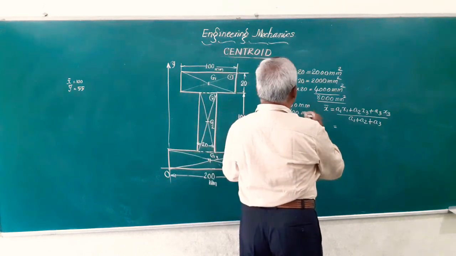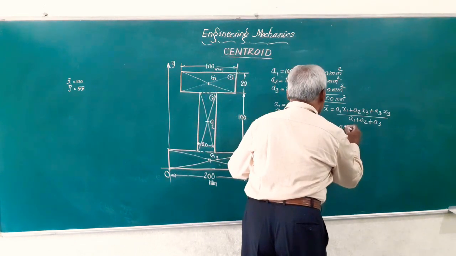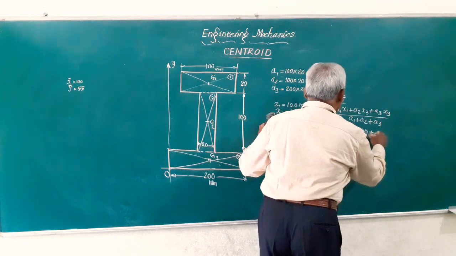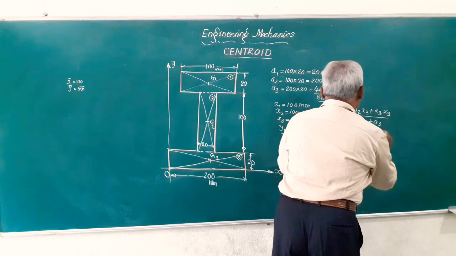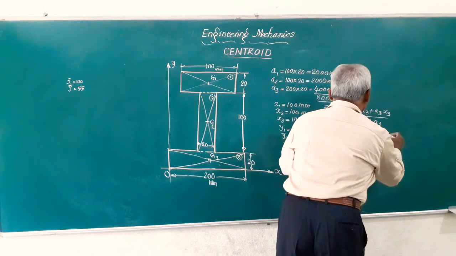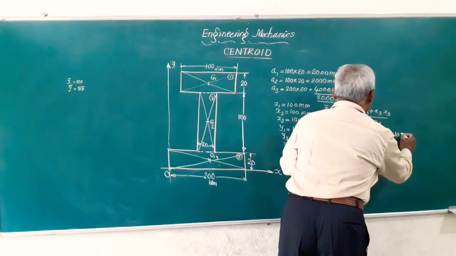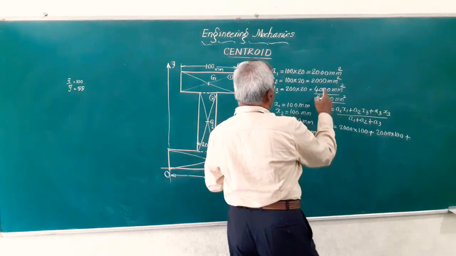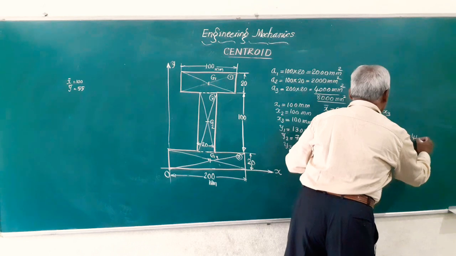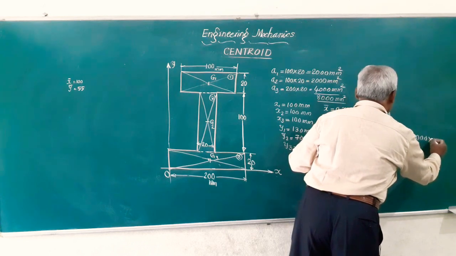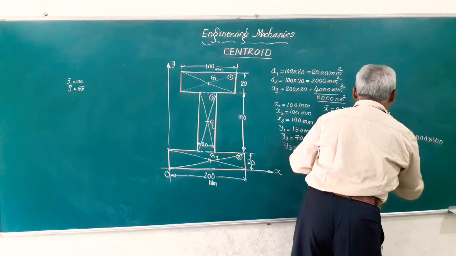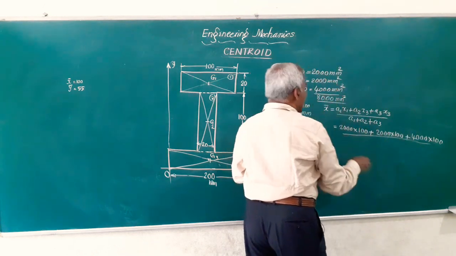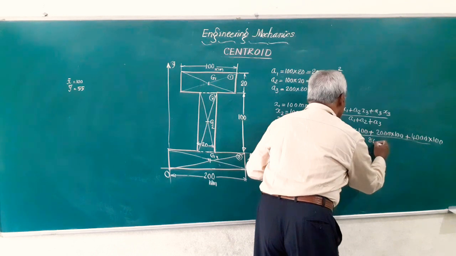So, a1 is 2000 multiplied by x1 is 100 plus a2 is 2000 multiplied by x2 is again 100 plus a3 is 4000 multiplied by x3 is again 100, divided by a1 plus a2 plus a3, and that we have taken as 8000, you can put it straight.